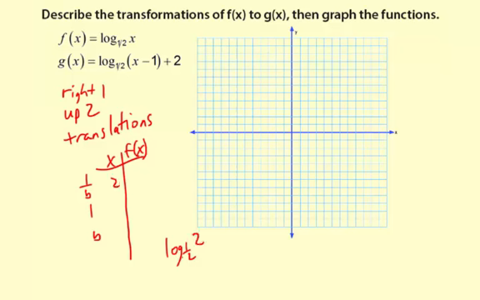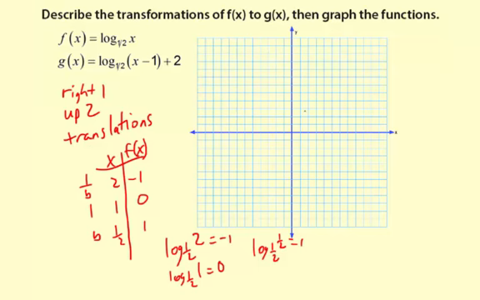So 2, and log base 1/2 of 2, well, that equals -1. And then for 1, log base 1/2 of 1 is 0, because 1/2 to the 0 power is 1. And then for the b, that's 1/2, and log base 1/2 of 1/2 equals 1.